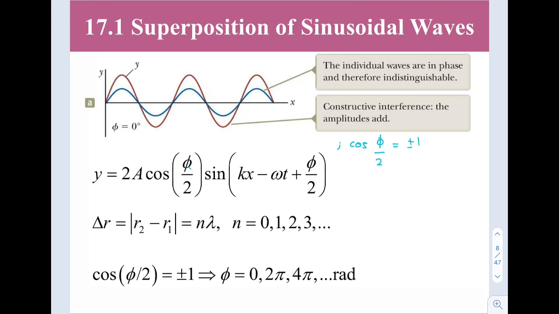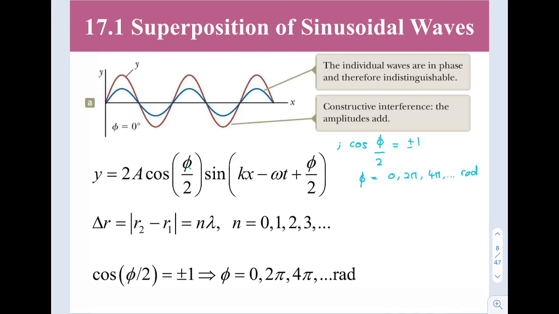That is true when phi is equivalent to 0, 2 pi, 4 pi, and so on, in radian unit. It means that phi is an even multiple of pi. Then this is going to happen, which is constructive interference.